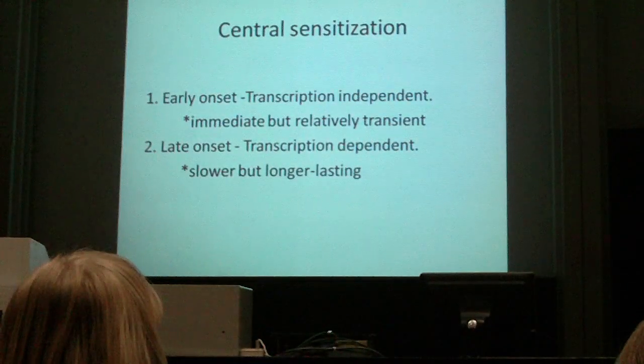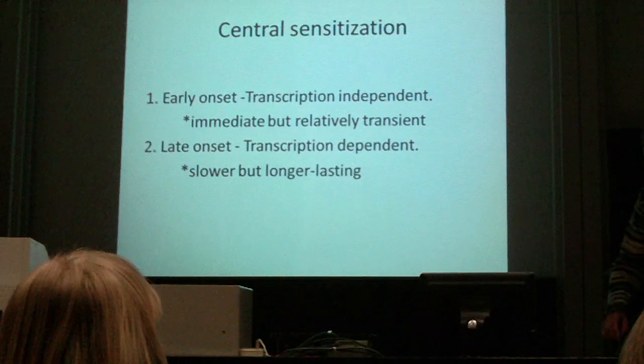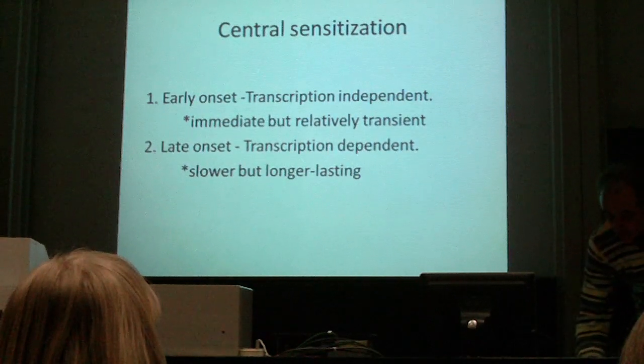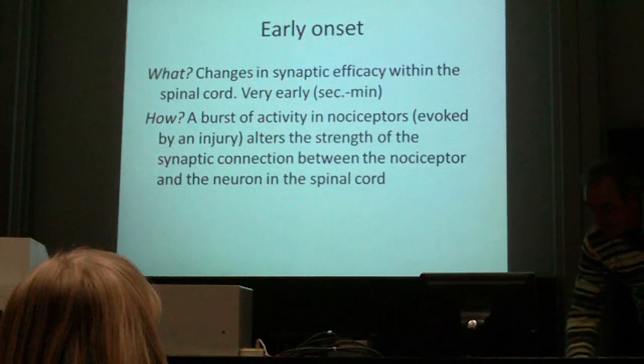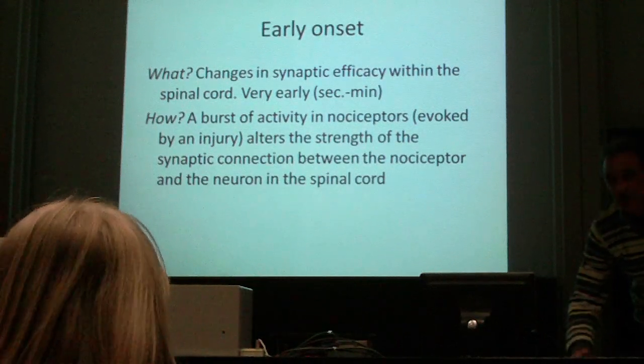And of course you have also a late onset, a transcription dependent, which shows longer lasting effects. So there's a very quick response upon the incoming action potentials, which changes the synaptic efficacy within seconds.